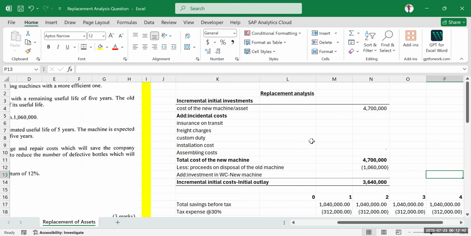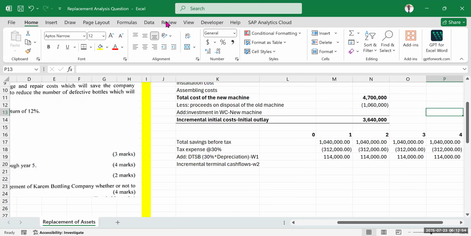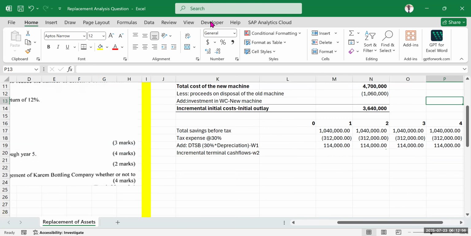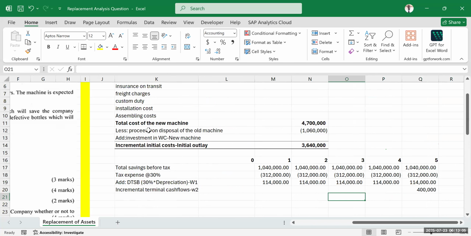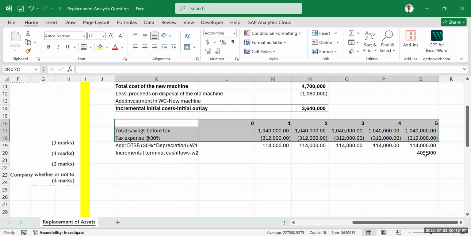Because we are disposing, we are selling this old machine, and when we sell the old machine, we are realizing some money out of it. Is there a tax implication? Somebody? I'm just trying to think. When we sell this old machine, is there a tax implication on the sales value?